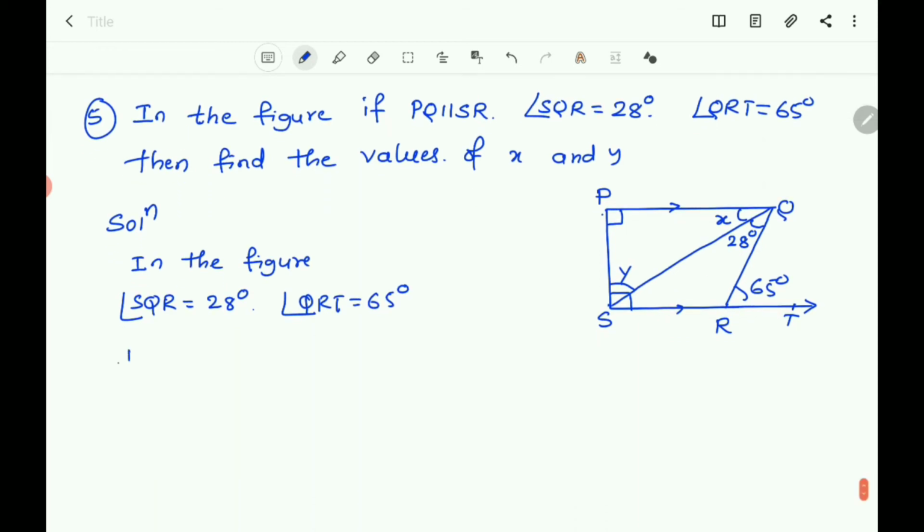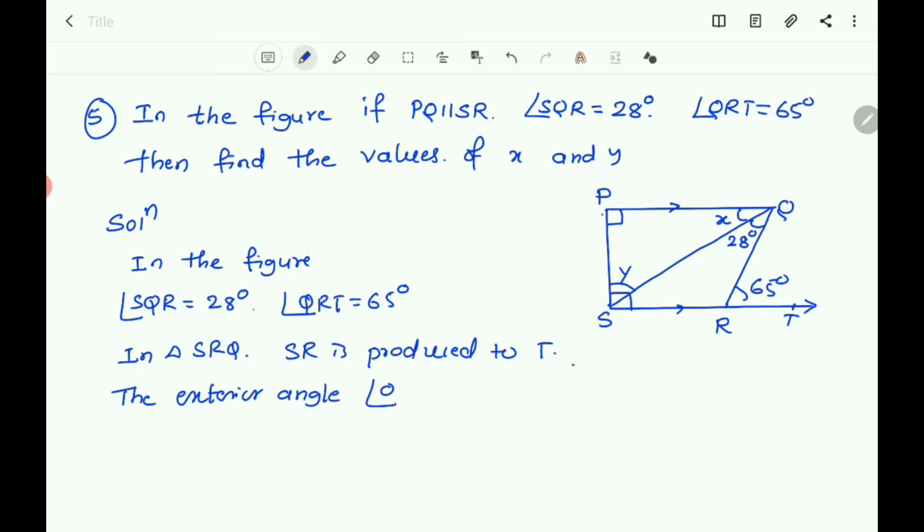So you know that in triangle SRQ, here SR is produced to T and QRT is the exterior angle. Then the exterior angle QRT must be equal to what? Angle QST plus angle SQR.